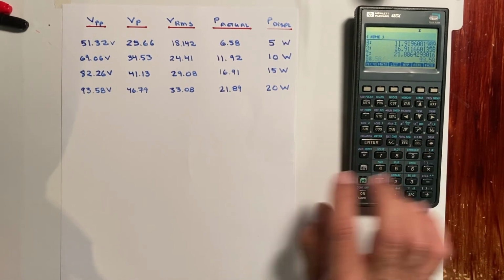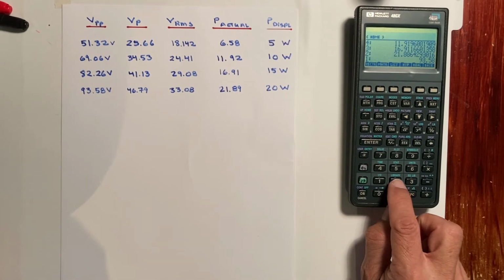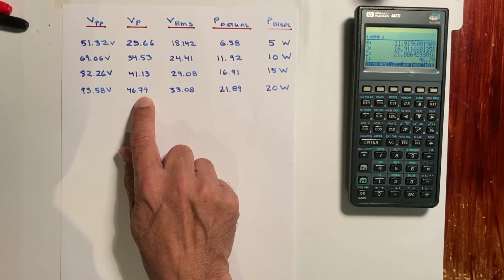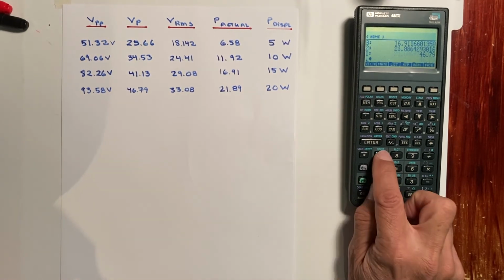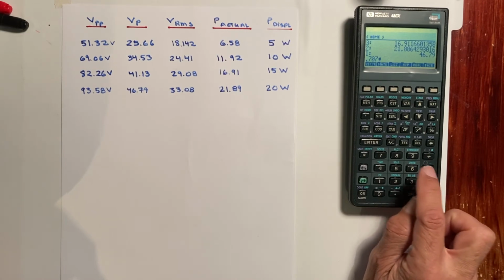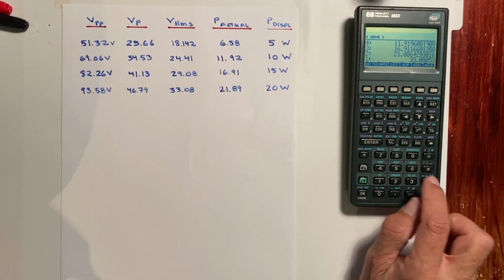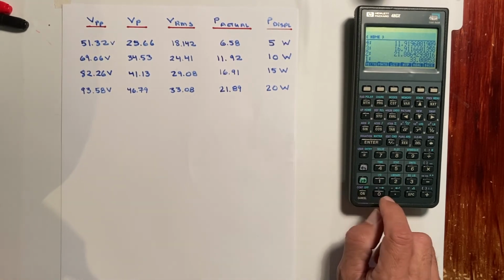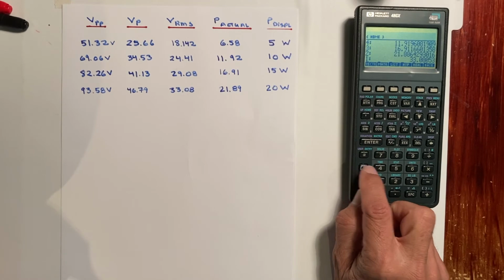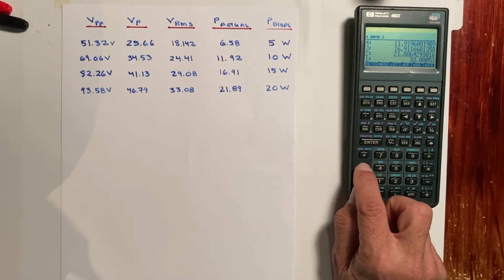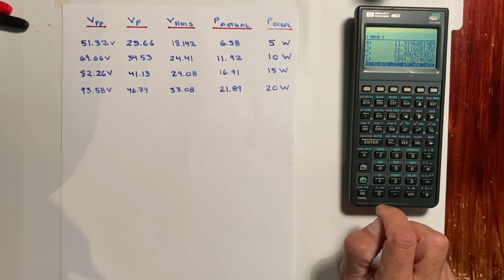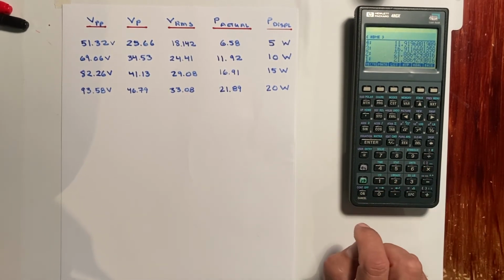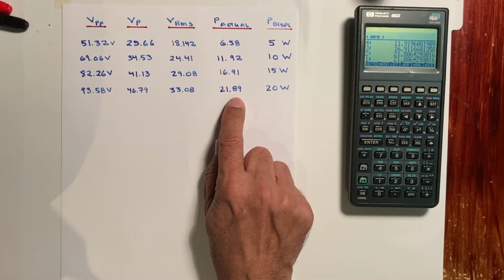93.58, enter. To get V peak, we divide by 2, so 2 divided by 46.79, multiply times 0.707, which is square root of 2 over 2. To get the VRMS, we get 33.08, and to get the actual power, we have to square this voltage. This is the square of voltage RMS. So we go purple x squared, and then 50 divided by, and that gives us 21.886.